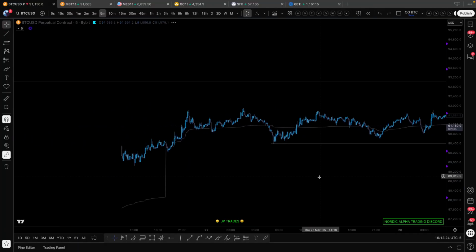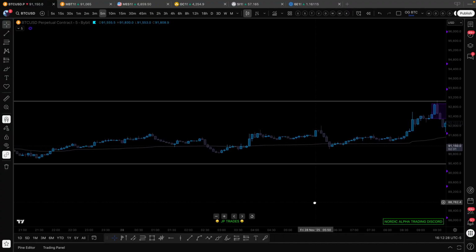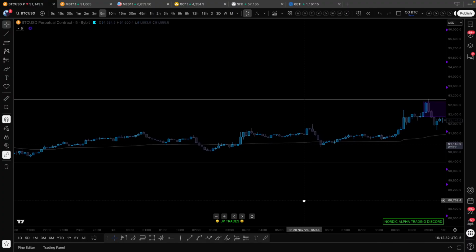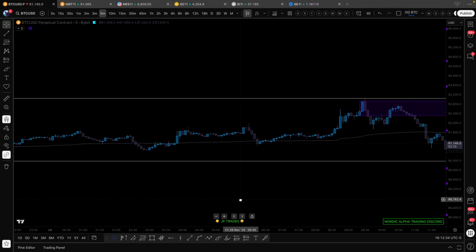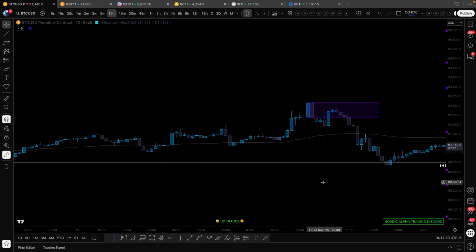let's go back. We were somewhere around here, a little bit after 9:30. We saw price come down and I saw this 10-minute order block. When we were about right here in some of these candles, I saw this purple 10-minute order block.